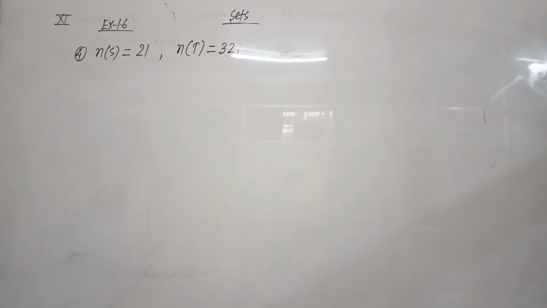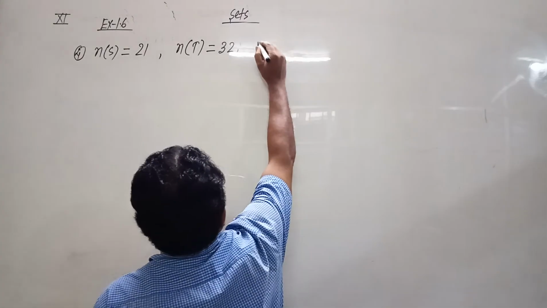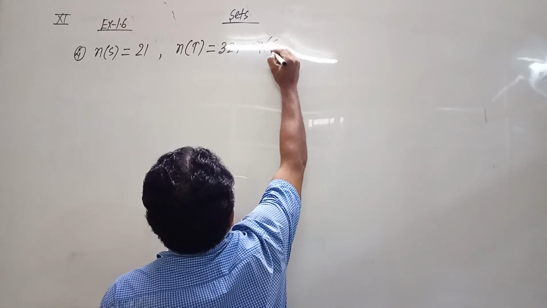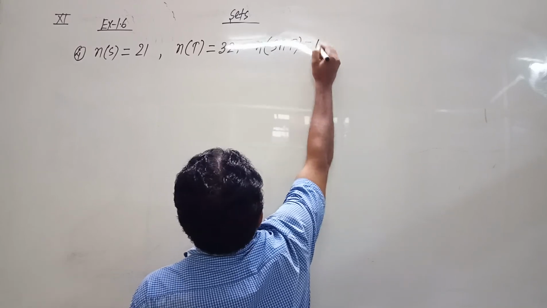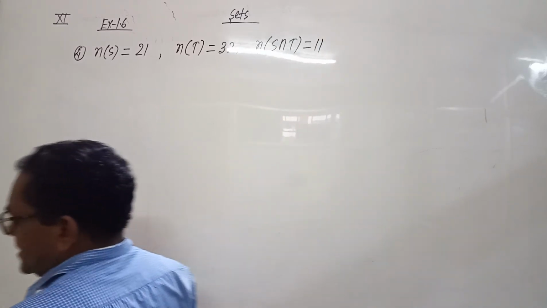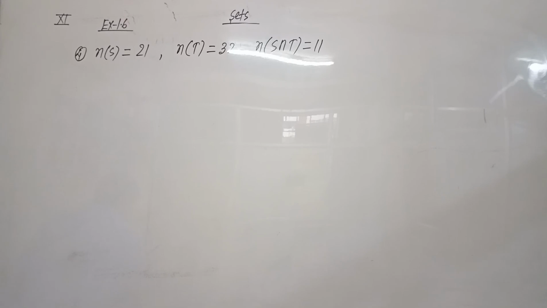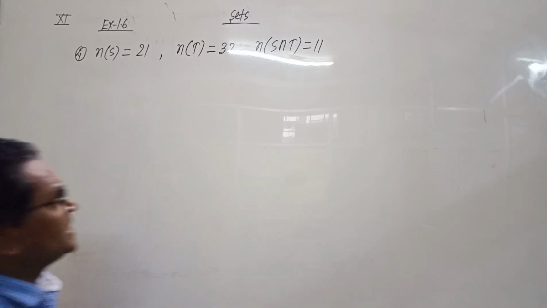Then S intersection T has 11 elements, n(S ∩ T) equals 11. Then how many elements does S union T have?